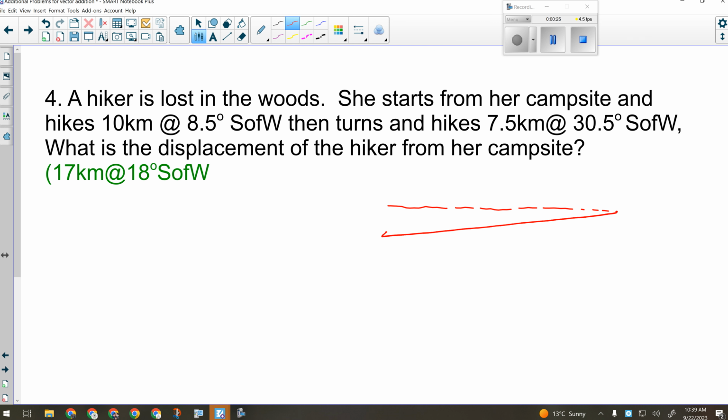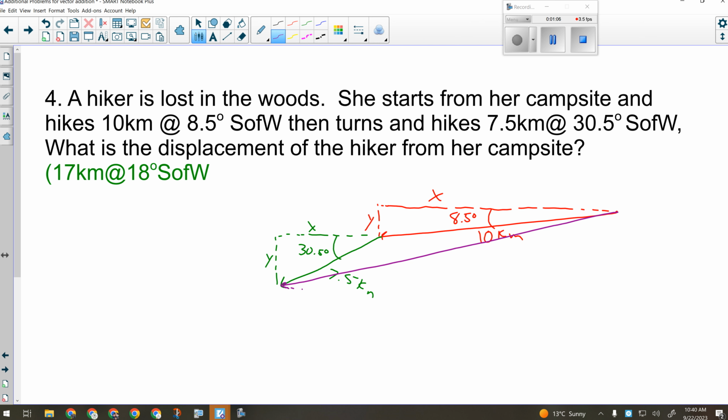Eight and a half degrees is a pretty narrow triangle, so something like that. Okay, so your diagram should look something like that.